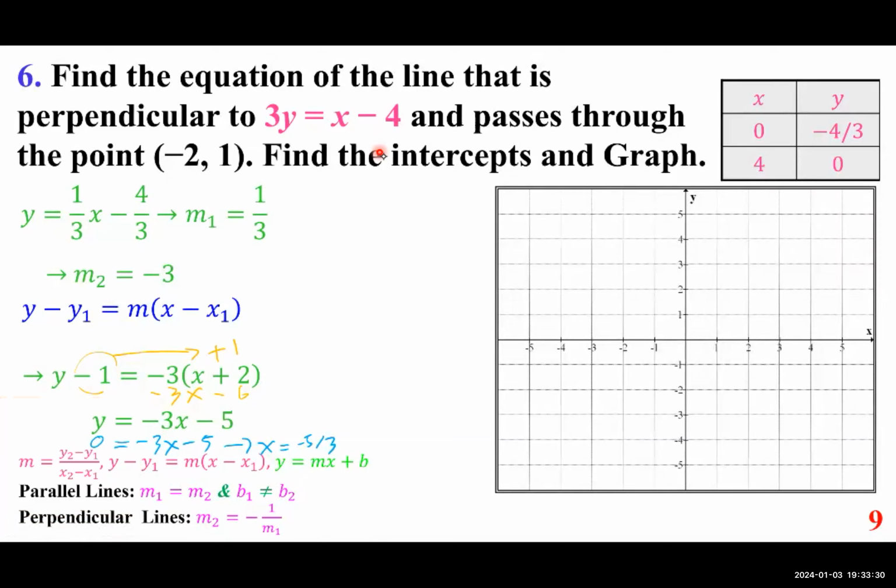So for this one, if x is 0, y is negative 4/3. If y is 0, this goes away, x becomes 4. So 0, negative 4/3, and 4, 0. Those are the pairs, put them together. So this is the given line.